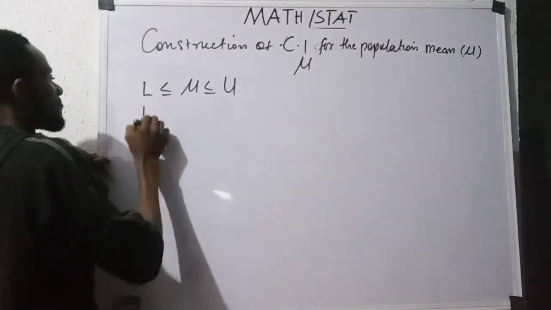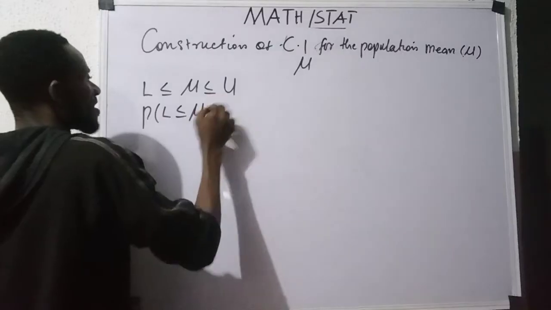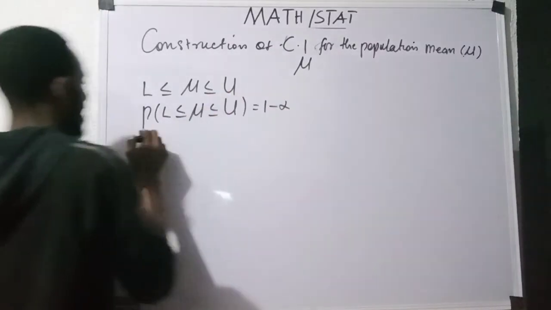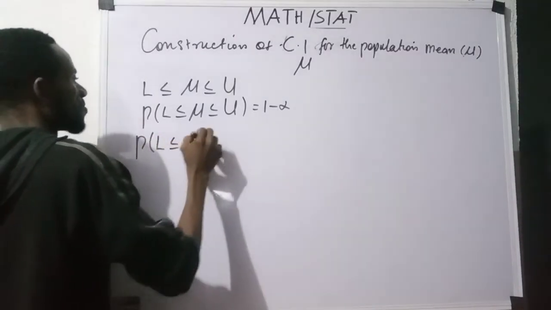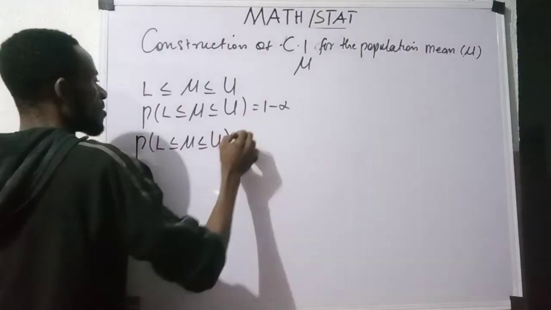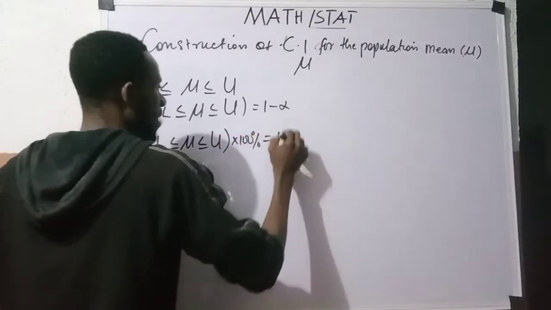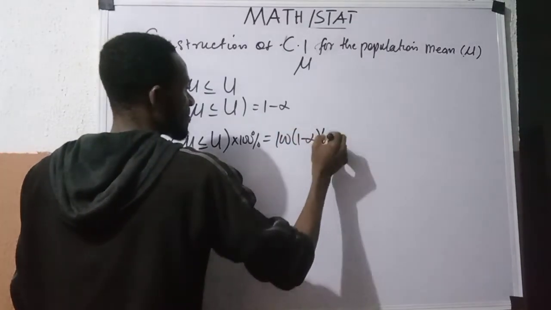And then we'll have the probability of L less than or equal to mu, less than or equal to U, given as 1 minus alpha. And multiplied by 100 percent, it is given as 100 times 1 minus alpha percent.